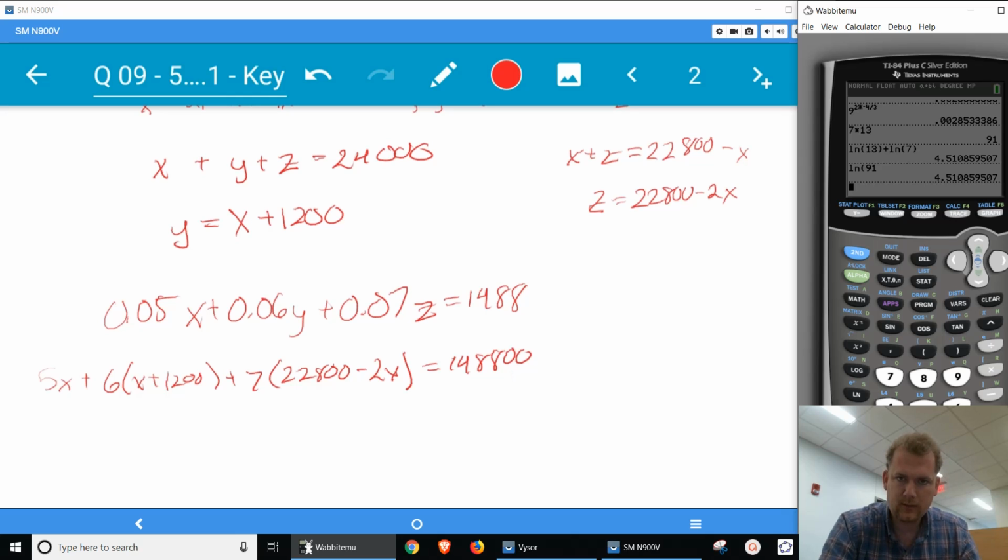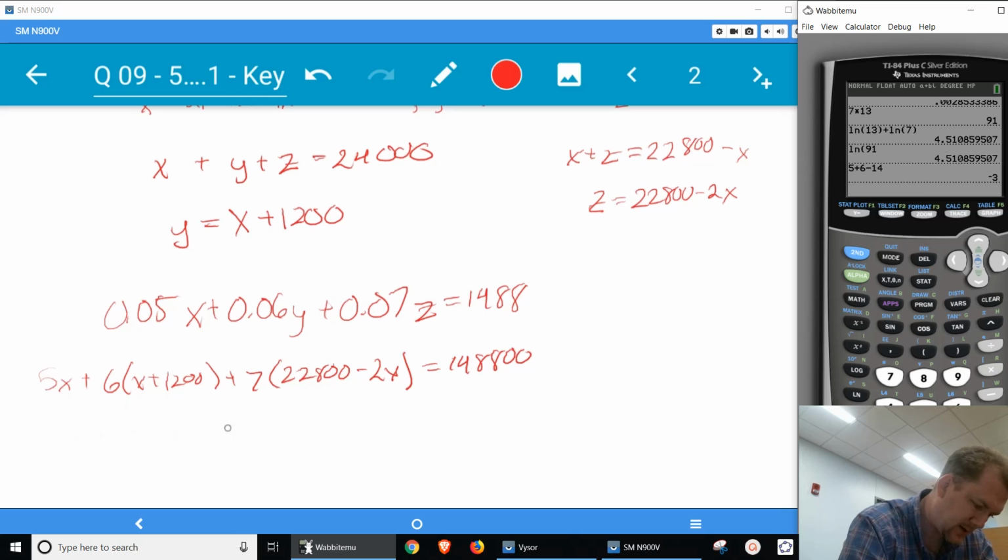So now that's a linear equation in X that we can solve. So we get 5 plus 6, and then minus 14. Right, 5x plus 6x, and then a minus 14, so that will be minus 3x.